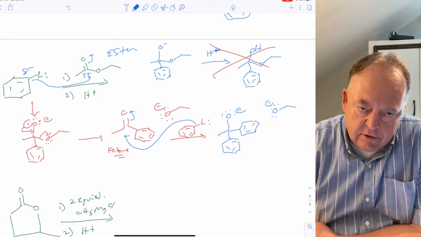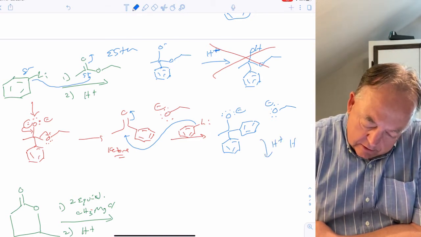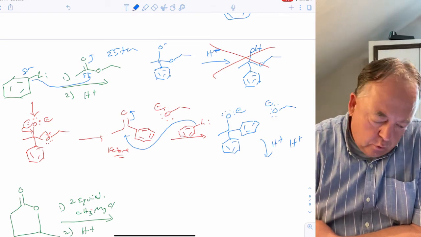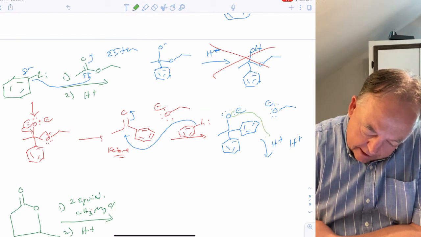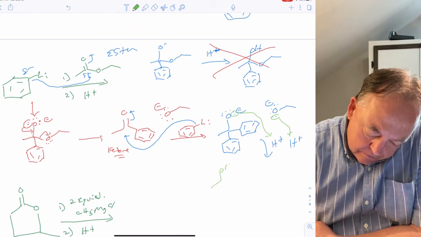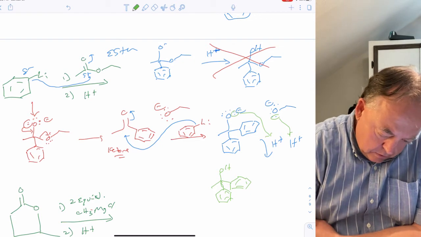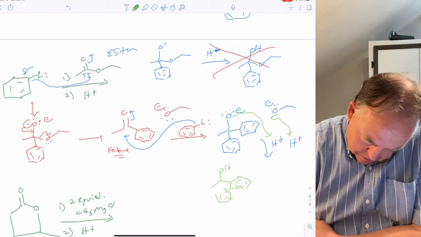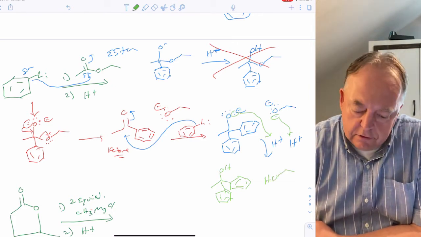So that's what you get after the first step, and now it's waiting for you to do the second step. Since you have two O minuses, technically you need two equivalents of H plus. So this O minus picks up a hydrogen, and this O minus picks up a hydrogen, and you would make those two alcohols.